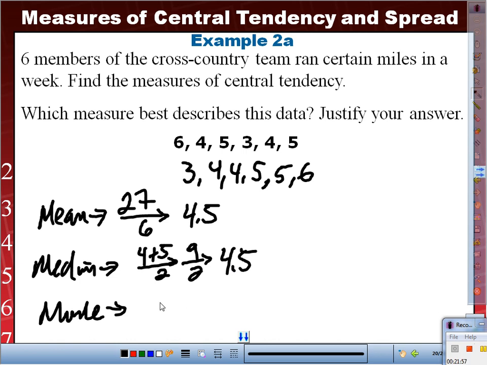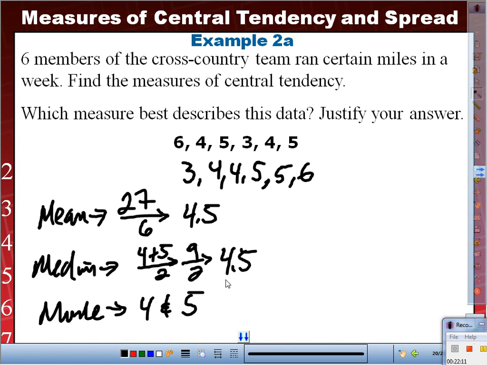So we have to see which numbers are seen the most, 4 and 5. 4 and 5 are seen the most. Hands if you got that. That is correct.